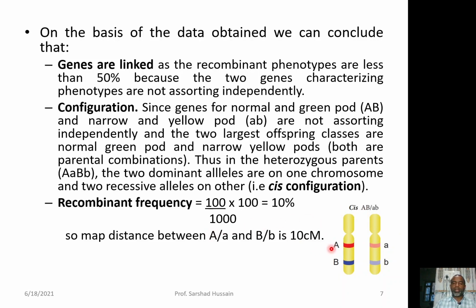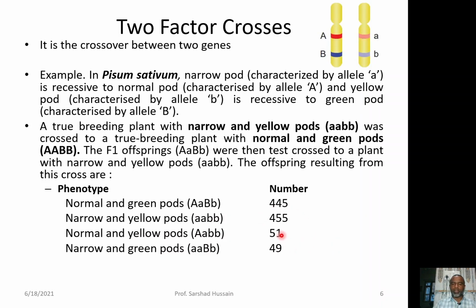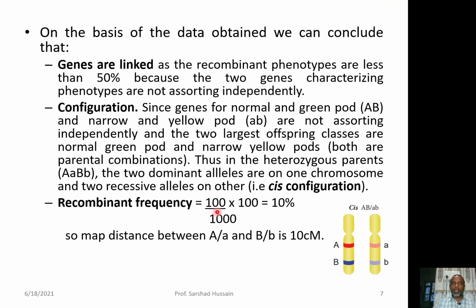Then let us look at the distance between them. The recombination frequency between A and B is calculated as follows: there were 100 recombinant individuals among the 1000. So, it is 100 divided by 1000 into 100, which is 10% recombination frequency.